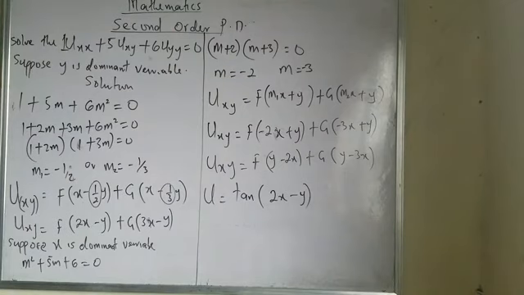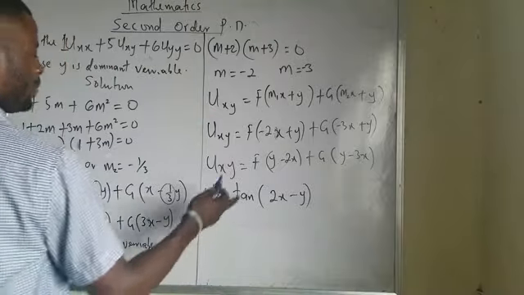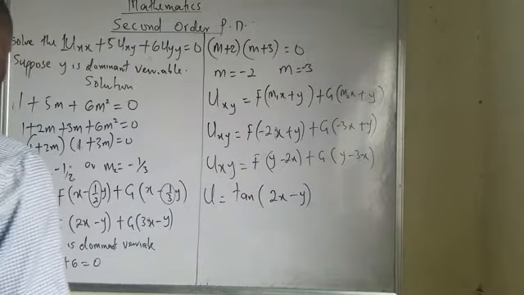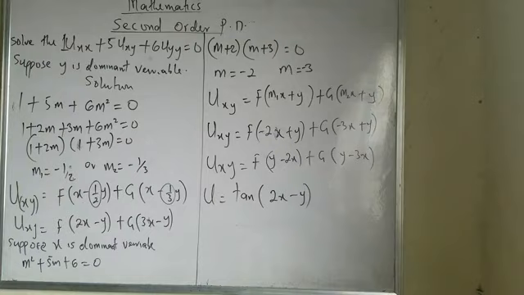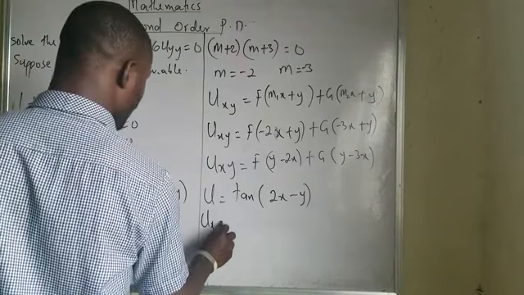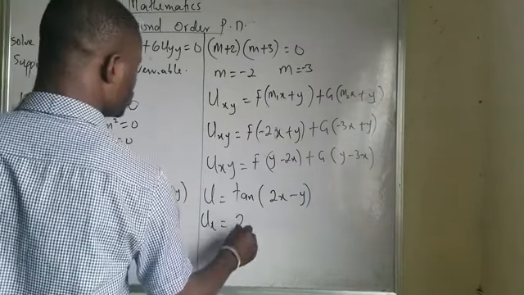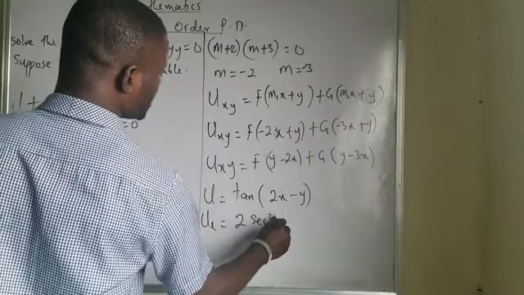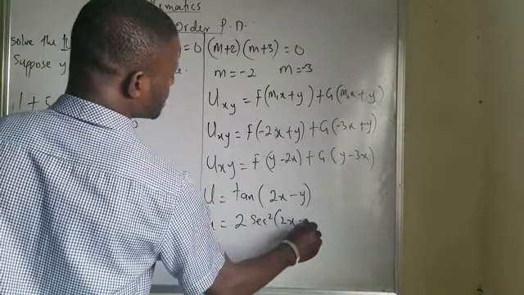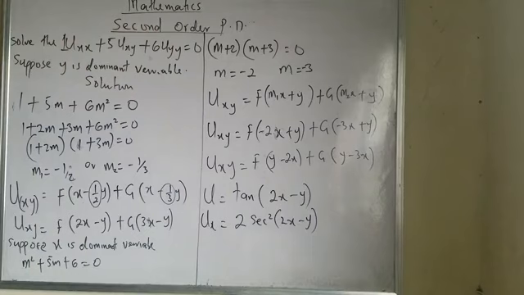Now you can see what I'm picking up. Now I'll have u of x, we want to take the partial derivative of that, it will be equal to 2 sec squared bracket of 2x minus y.